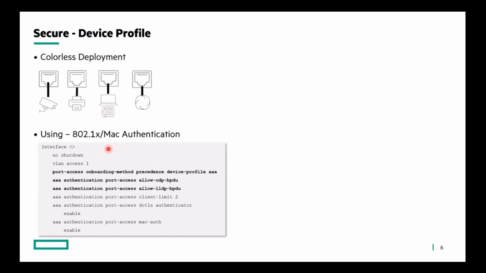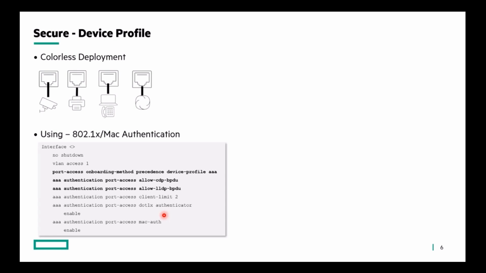This is the sample configuration for a colorless deployment where we have end clients that can be authenticated either via .1X, MAC authentication, or via the device profile. How do we achieve this? Let's watch this configuration. Foremost is .1X authentication enablement, and next is the MAC auth enablement. The other thing, as we discussed earlier, is how do we onboard APs?